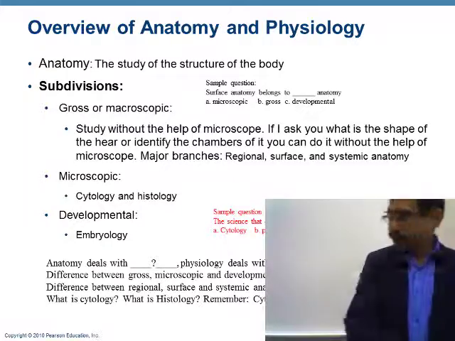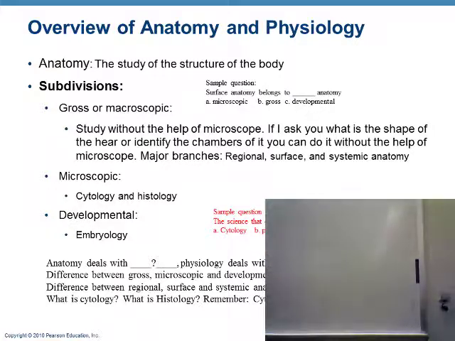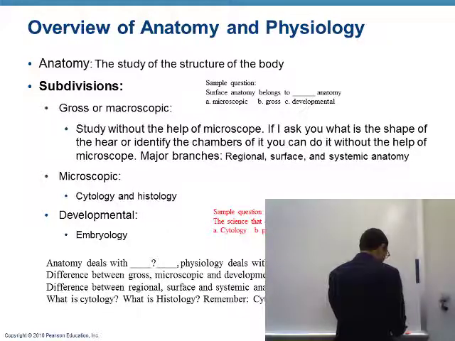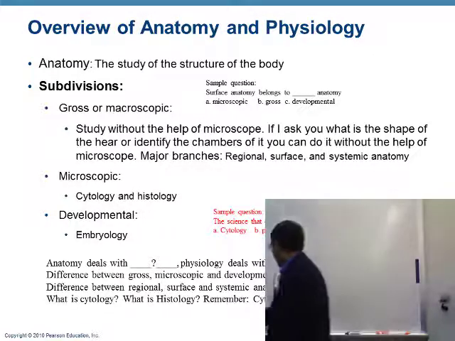First, we divide the anatomy into two subdivisions.